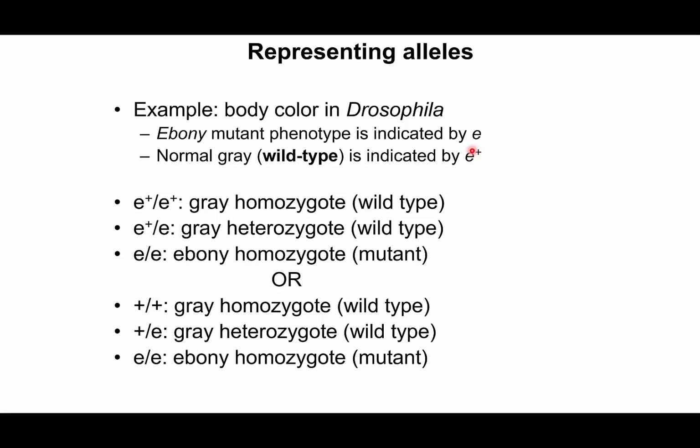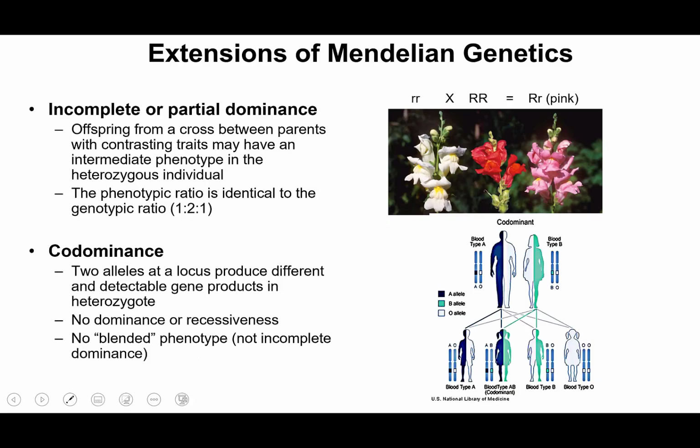So wild type is plus, and the mutant is lacking that. And this is generally what I will use a lot when we start getting into some more complicated genetics problems. I'll use the plus denoting wild type, and I'll use the letters to denote the mutants.